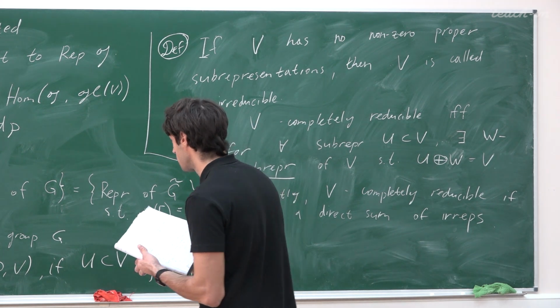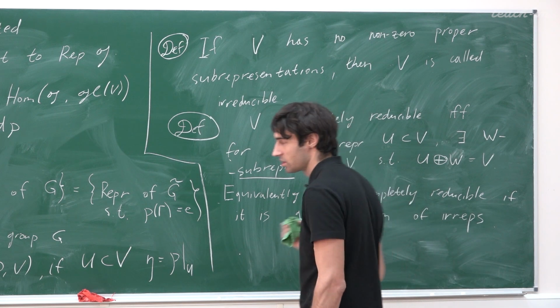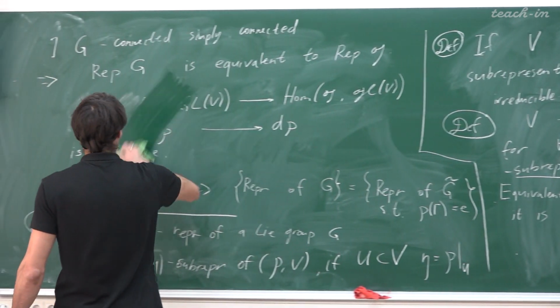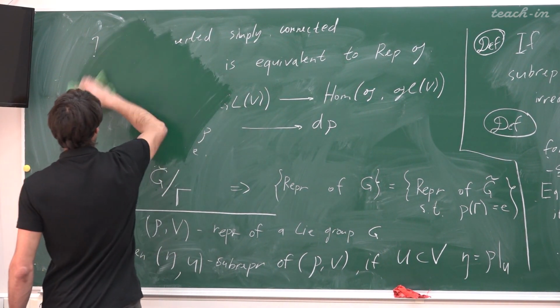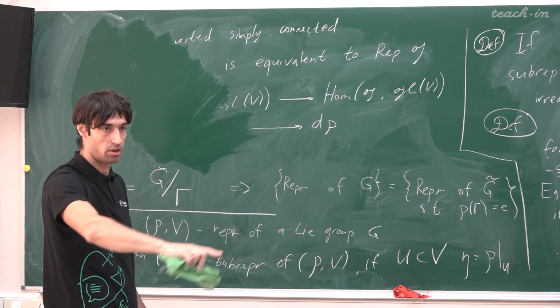So questions that usually people ask when they study representations of a Lie group or Lie algebra. Of course, all these definitions can be repeated just in the same way for Lie algebras, with similar definitions.